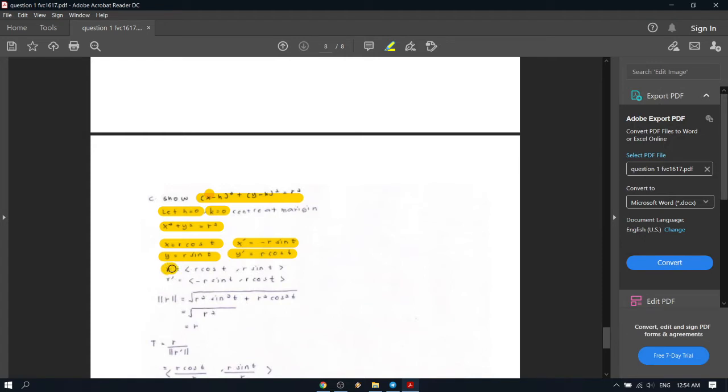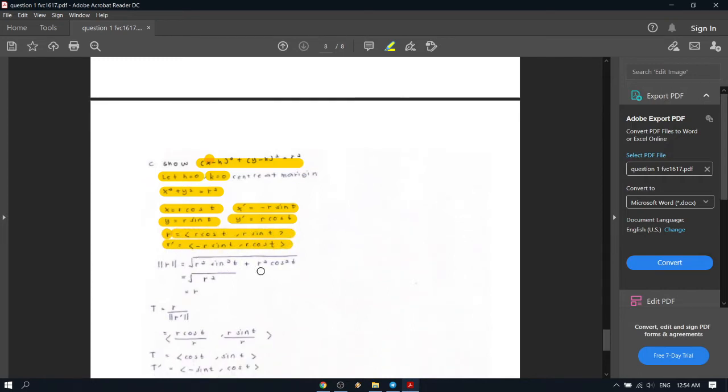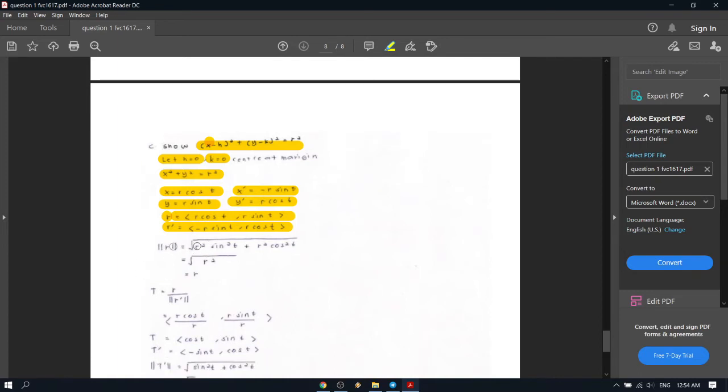And this is our r, and this is our first derivative of r here. Okay, after that we must find the magnitude of r prime here, because we need to find the unit tangent here, right?